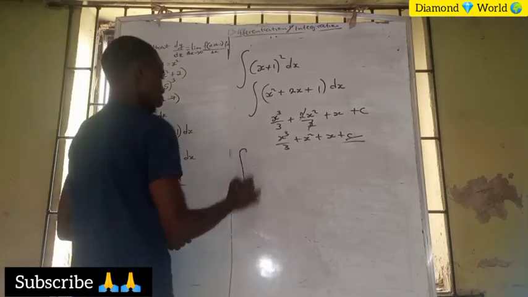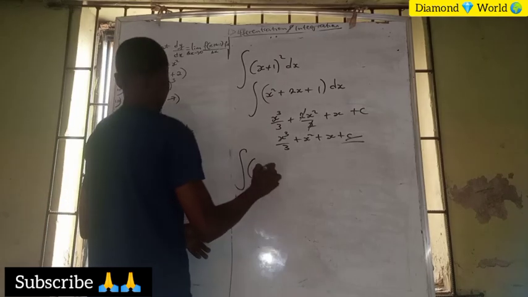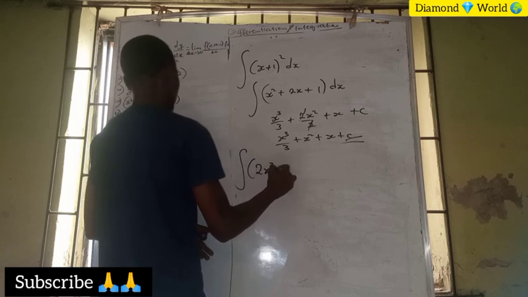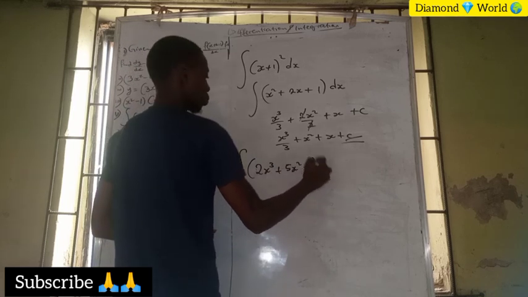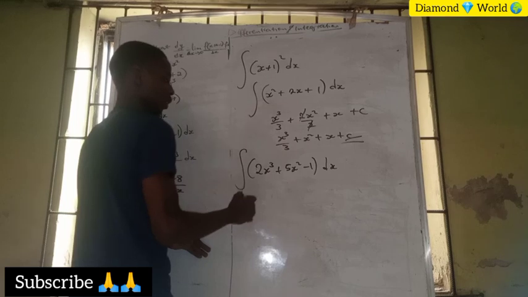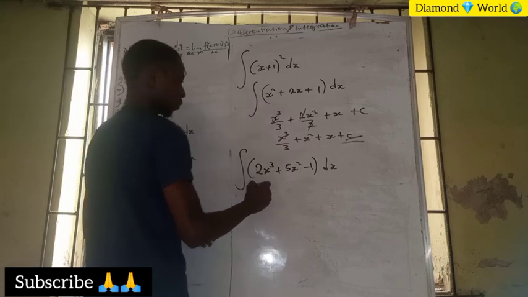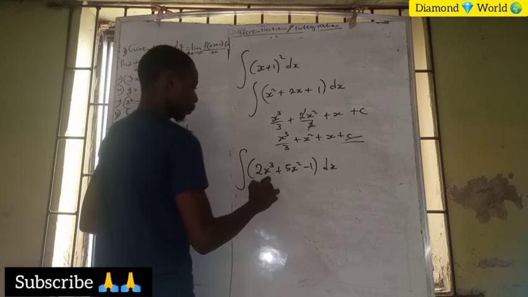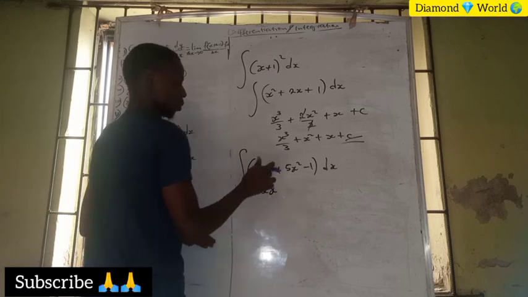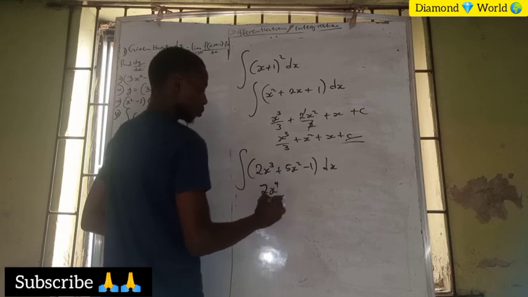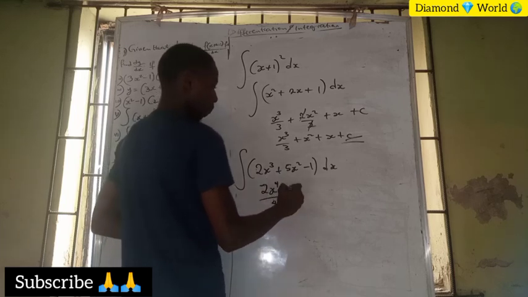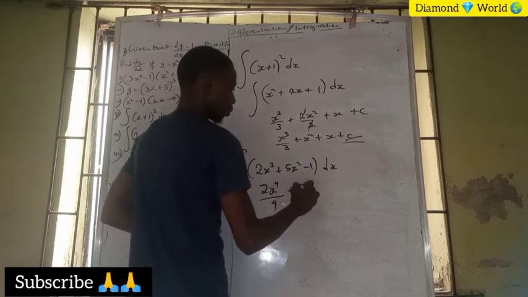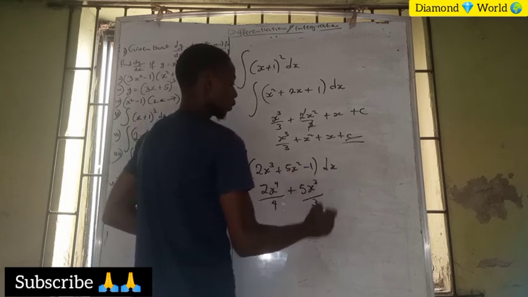Let's look at this also. We have integral 2x cubed plus 5x squared minus 1 dx. Let's look at how to do this. Integrating this, you have 2x to the power 4 over 4, plus integrate this, you have 5x to the power 3 over 3.